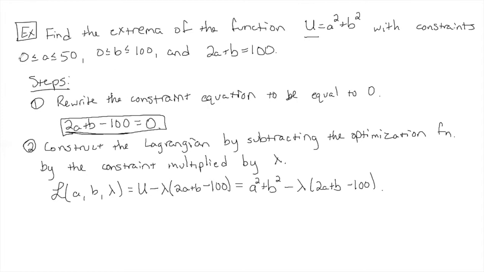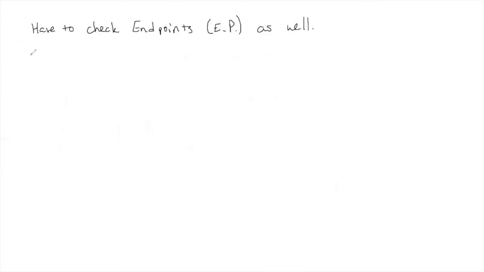and the endpoints. What happens when a is equal to 0? What happens when a is equal to 50? What happens when b is equal to 0? What happens when b is equal to 100, right? So we have to check these things. Okay, so first, when a equals 0, let's remind ourselves the constraint is 2a plus b equals 100, right?